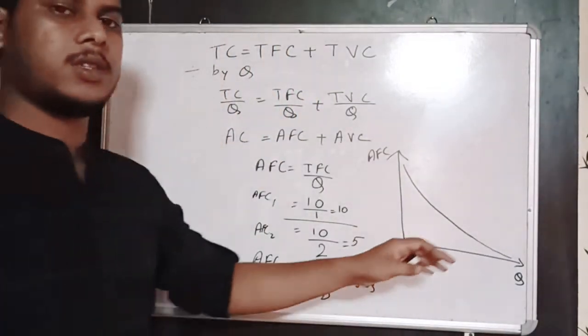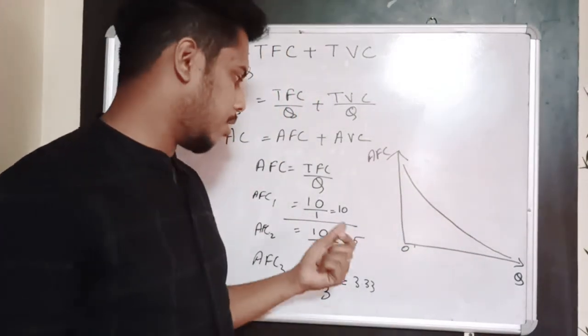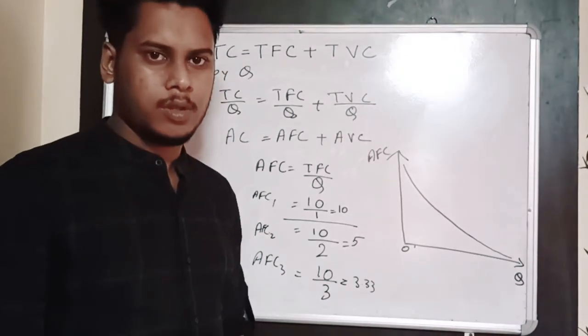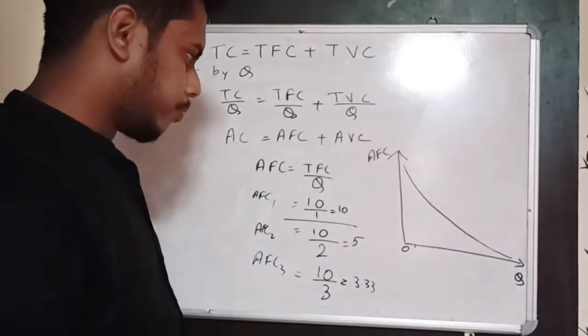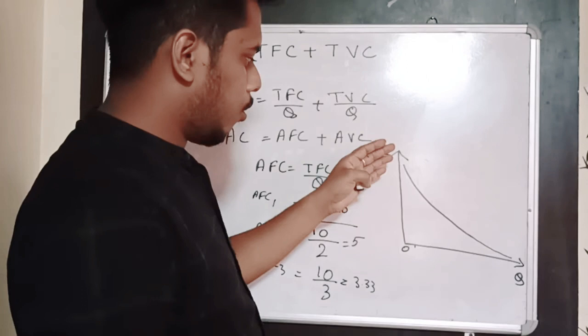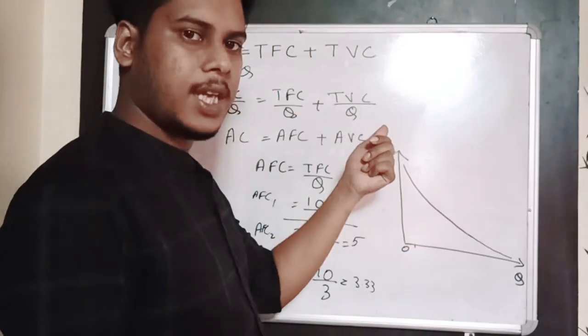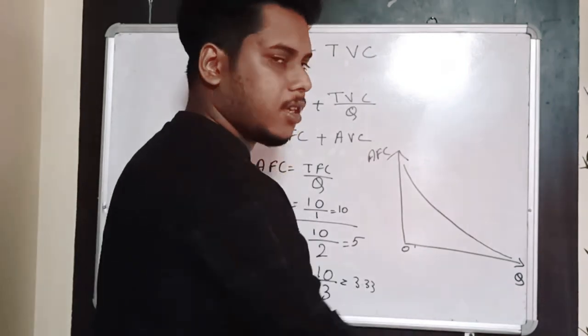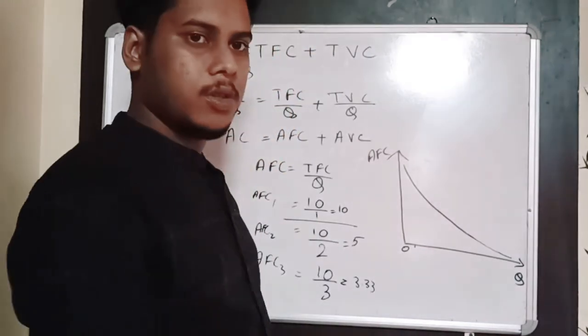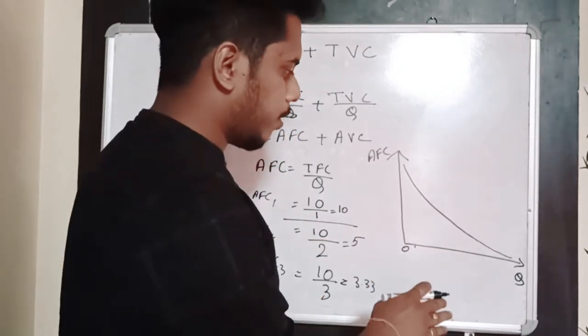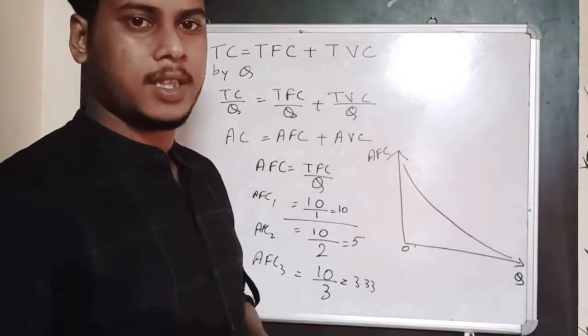However, it won't touch the x-axis ever because TFC cannot be 0. Okay. So over here, when the output is low, my AFC value is high, and as I go on increasing the output, my AFC value goes on decreasing, and it comes closer and closer to the x-axis.